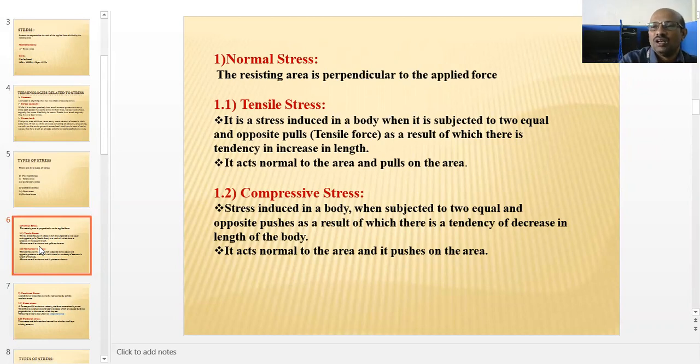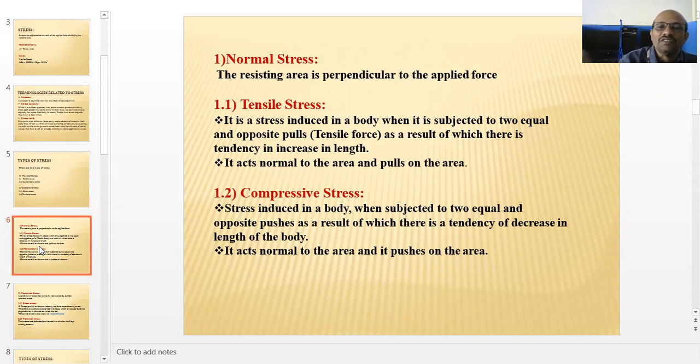Suppose you take one rod and apply a pull at both ends. Whenever you pull, the rod is subjected to a force. That force is called a tensile force.